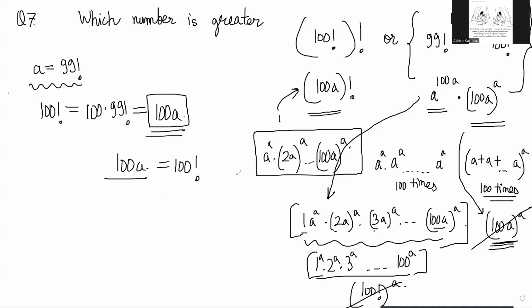Maybe 100A was 100 factorial basically. Okay, that only is 100 factorial.